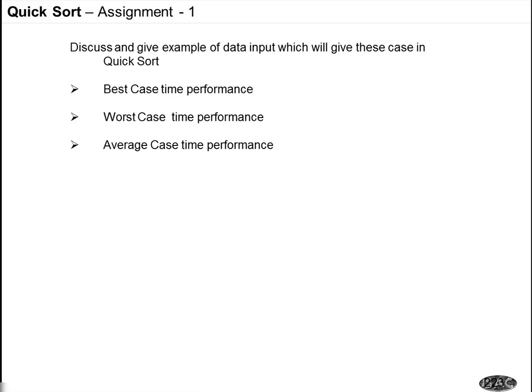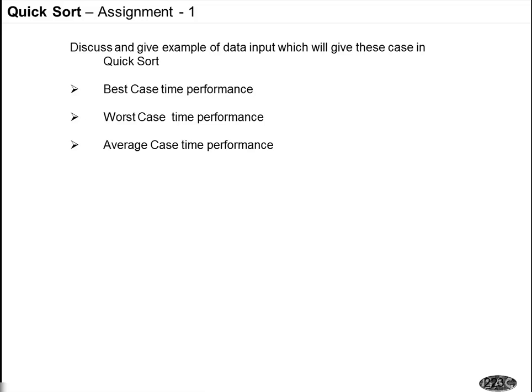Now let us go to the quick sort assignment. One of the first quick sort assignments which you could do is to discuss and give an example of some data input which will give these cases in quick sort, like what kind of a data input pattern you will have to get the best case time performance.